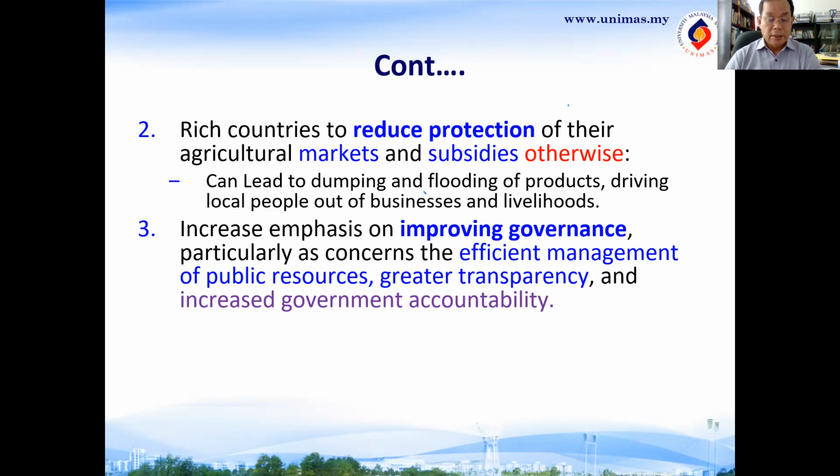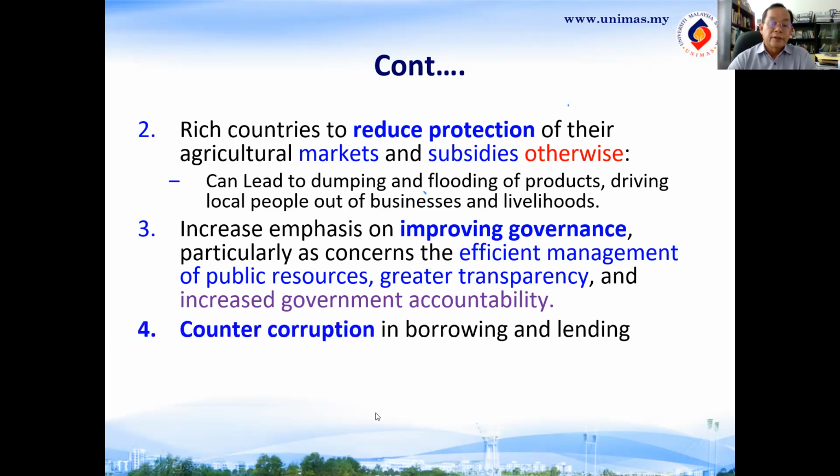Ya, jadi pengurusan sumber umum ataupun awam, sorry, and also greater transparency on how the money is spent and so on, and also increase government accountability as well. Jadi kebertanggungjawaban oleh kerajaan. So in other words, improving the governance of the country, and those who are governing, and also the system of governance has to improve.